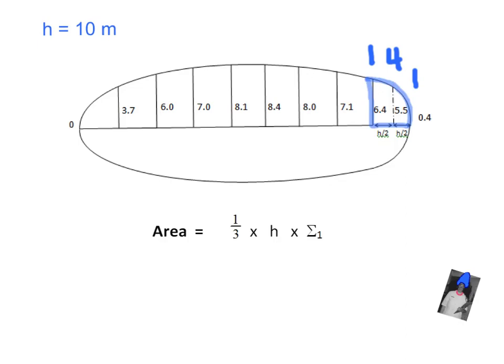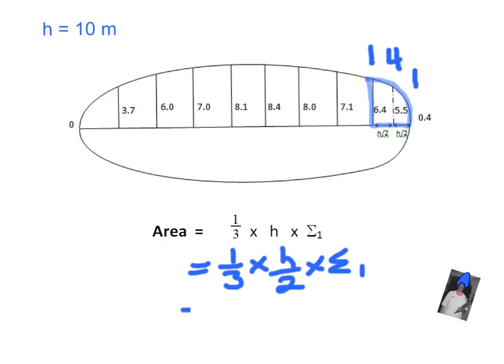And because there are two intervals or two area segments, and the width of those is half h, we can divide our h value by 2 and multiply by the area function.